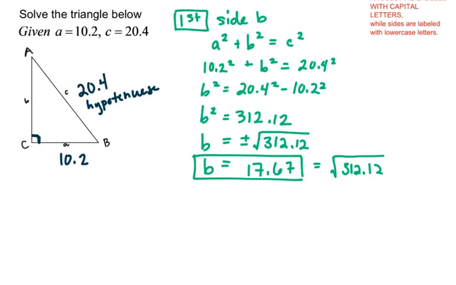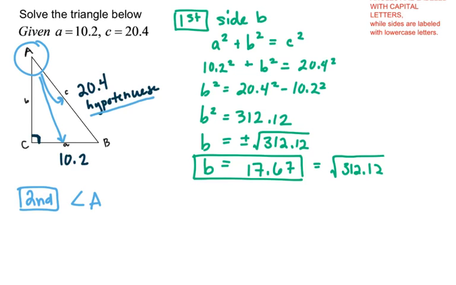I'm going to choose to find angle A. So my second step would be to determine angle A. Angle A means we're considering this angle. Which two sides do we know in relation to angle A? We know 10.2 as well as 20.4. 20.4, of course, is the hypotenuse.